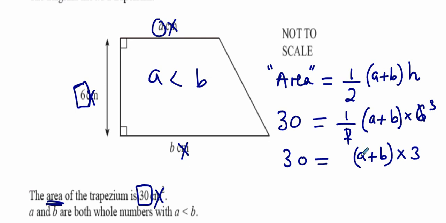Now, A plus B should be left alone because we are comparing A and B. So find the inverse of multiply by 3. This will be divide by 3, so that we can compare A and B. 30 divided by 3, this is 10 equals A plus B. See that?